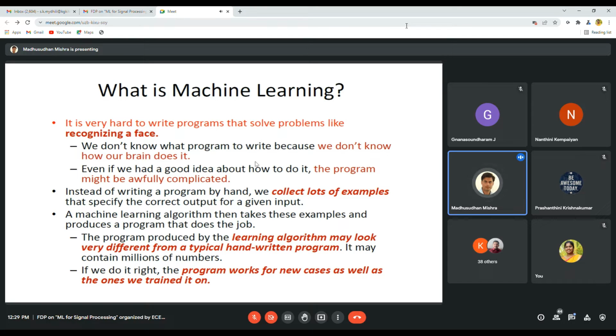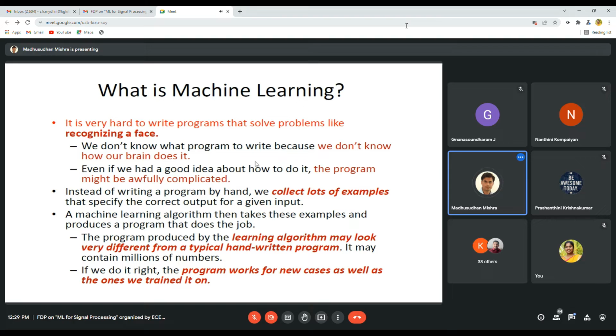That's why, instead of writing a program by hand, in machine learning we collect lots of examples that specify the correct output for a given input. In case of face recognition, it will take lots of faces of different people, prepare a database, and train the machine learning algorithms to form a pattern and to know about that face.